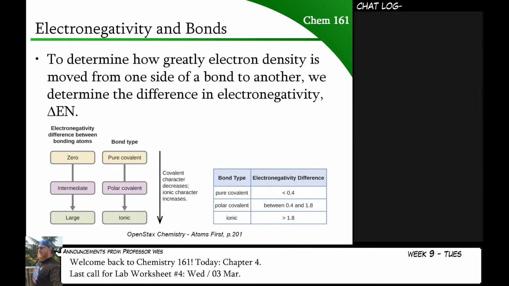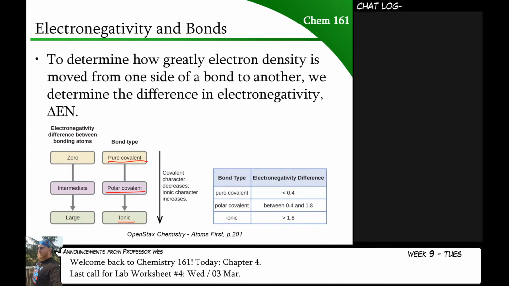All right. So how do you determine what type of bond you're looking at? Your text gives a reference, and I sort of disagree with one small part of this, which I'm going to edit so that you don't spend all of organic chemistry going insane. There are 3 categories that we're going to look at: pure covalent, polar covalent, and ionic.